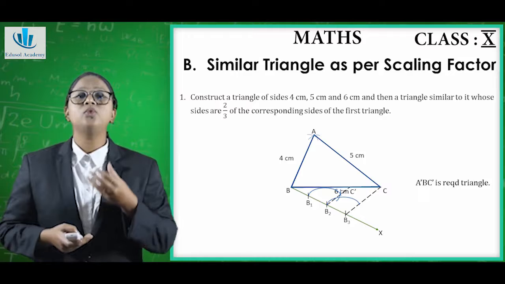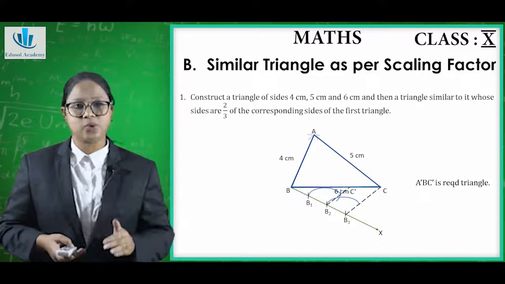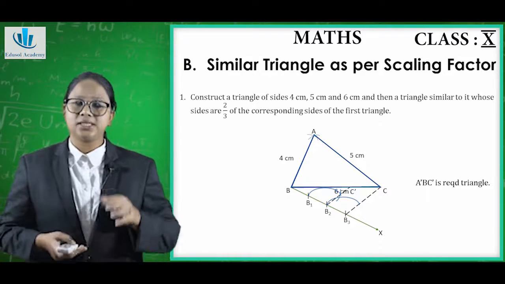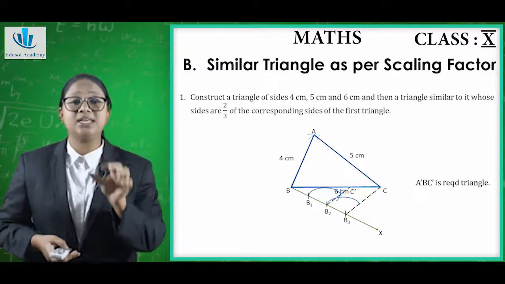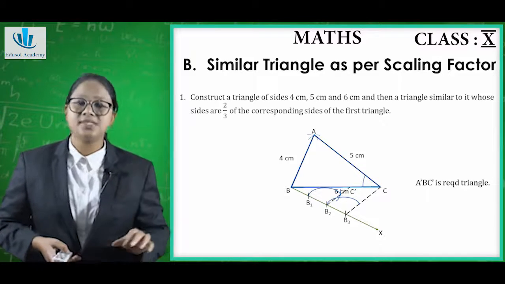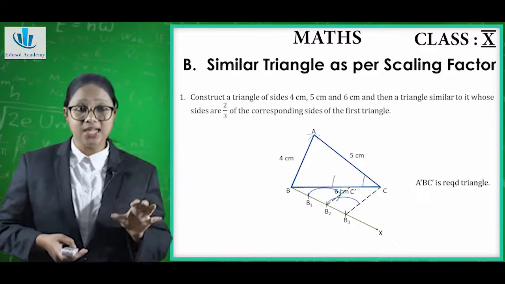Now we have to follow the same procedure of drawing a parallel line within the triangle. So let's see, draw an arc of any radius at the vertex C of the first triangle. Now do the same step by drawing an arc at the point C dash.